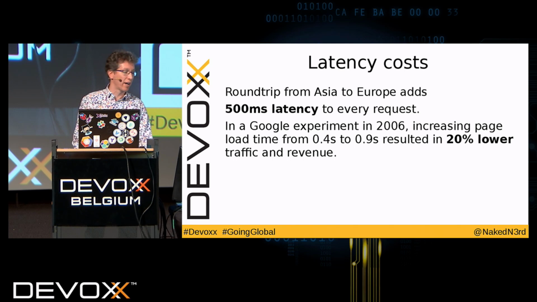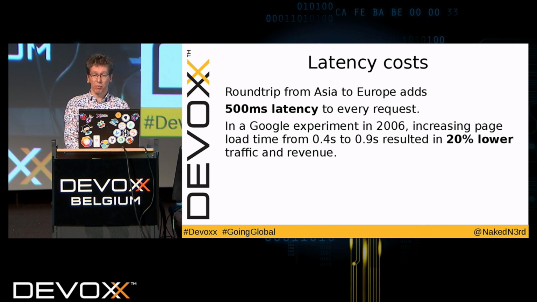Latency costs, and in an experiment conducted 10 years ago by Google, it turned out that half a second extra latency could reduce the amount of traffic and revenue by 20%, so that's quite significant. And actually the latency between Europe and Asia is around half a second at least, so that's something to be able to improve.